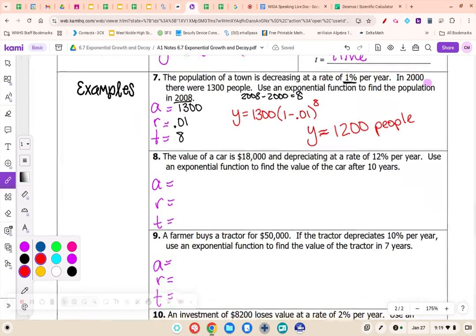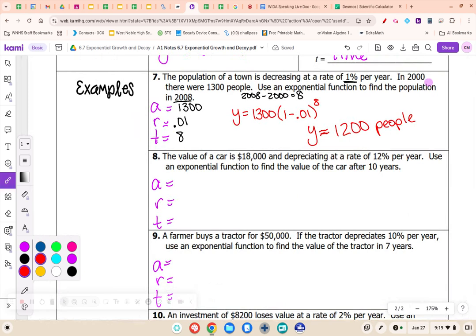Oh, this next one's a good one. Some of you probably are looking at getting cars. The value of a car is $18,000. That's your initial amount. And is depreciating at a rate of 12% per year. So if we move our decimal place 2 times, that's 0.12. Use the exponential function to find the value of the car after 10 years.